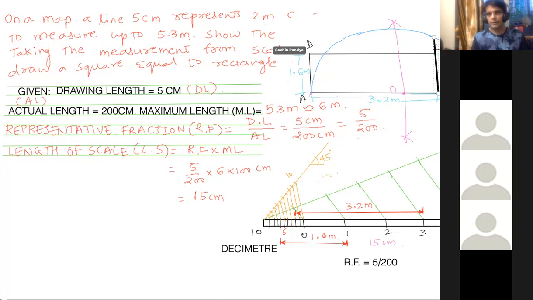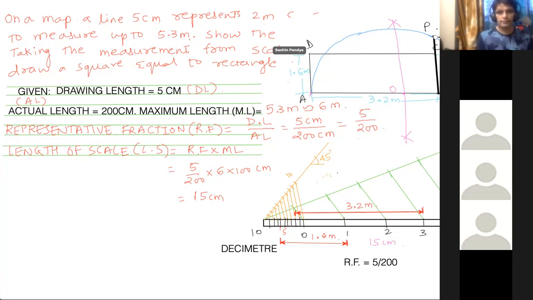Wherever it will cut, that is point P, right? Now you take that distance, B to P, and you cut here. Same way you draw a vertical line and a horizontal line from here. So you'll get a square. So this is what we need to do.